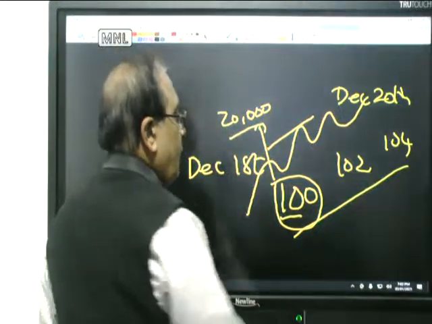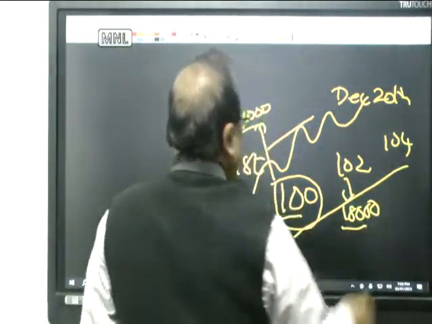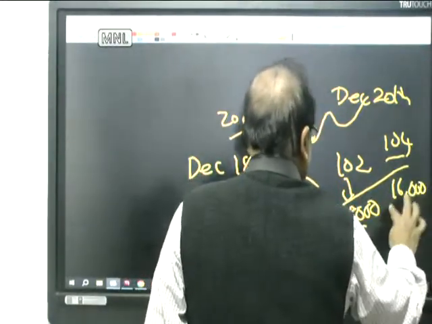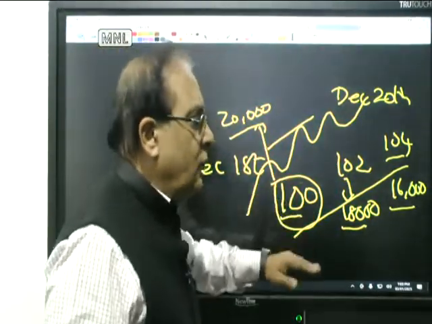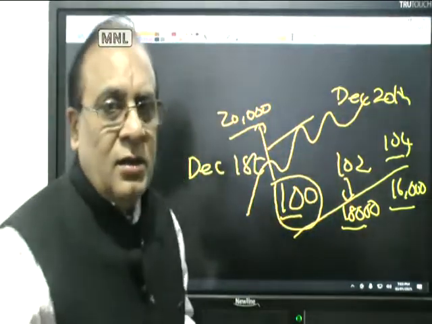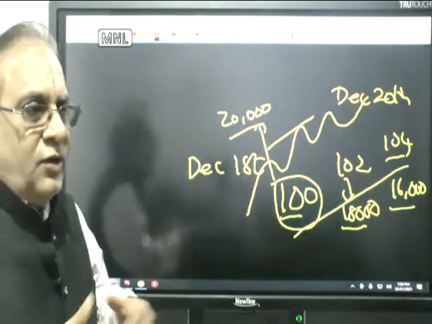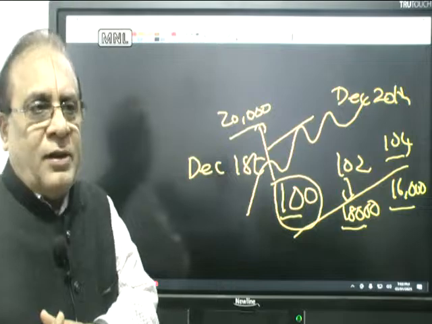Tomorrow, for 102, let us say this is 18,000. Then 104, let us say it is 16,000. So today, for 100 rupees close price, the total volume of shares traded is something like 20,000 shares, let us say. So it has exchanged hands. That is, buying has taken place, selling also has taken place.